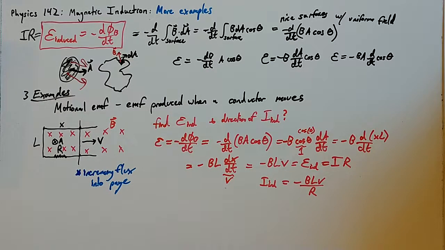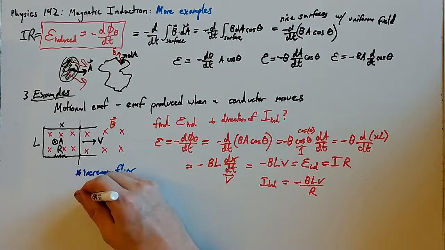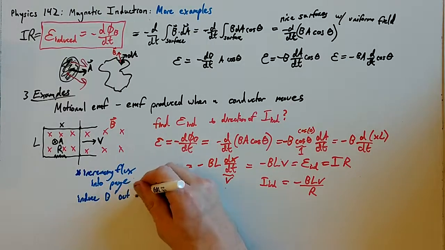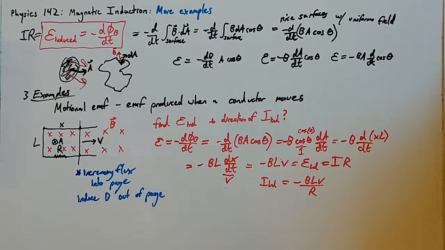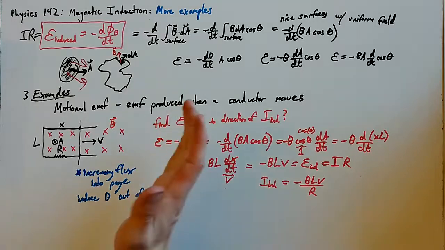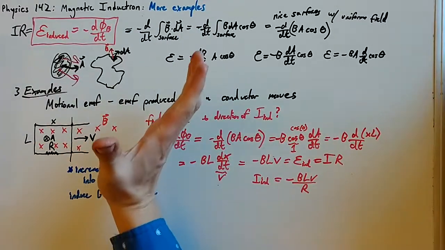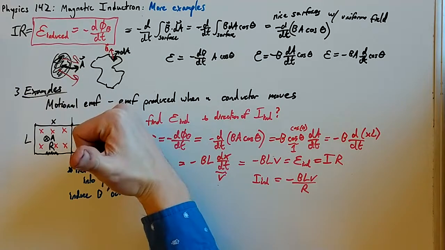So that means we want to induce a magnetic field that opposes that, right? We're going to induce a B out of the page, because the flux is increasing into the page. To get a field out of the page, I would put my thumb up out of the page and curl my fingers in the direction that the current would go.